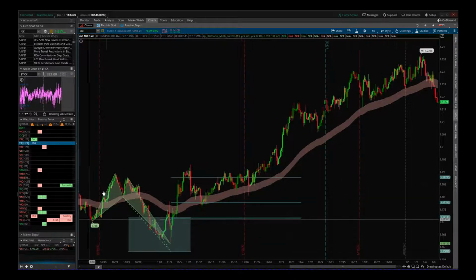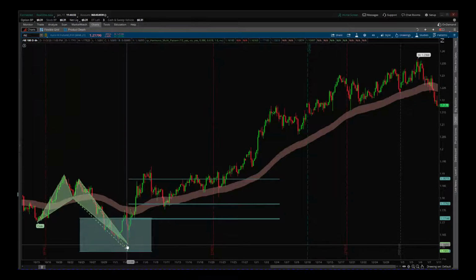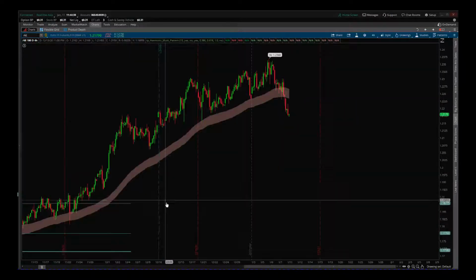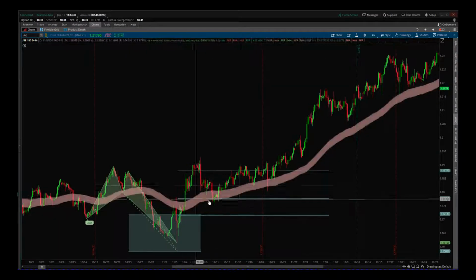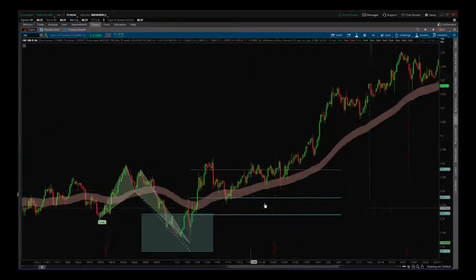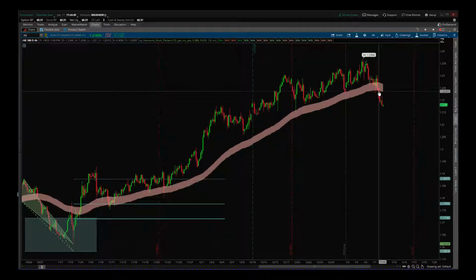You see, on this 6E, the crab pattern completed in the automated completion zone, and we're looking for longs going out of the EMA cloud once we test the fib levels that we put in here and start to move. We never closed below the EMA cloud until just recently.